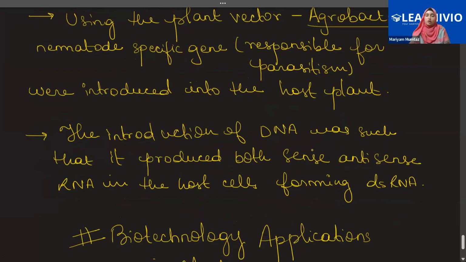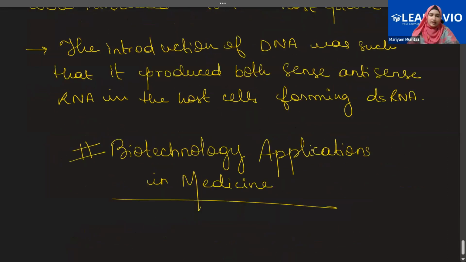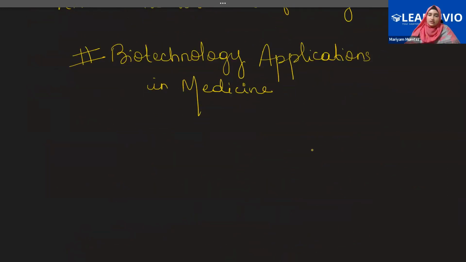Now, when we talk about the biotechnological application in medicine, it has such a vast positive effect. Okay, it has been great in the field of healthcare. So we are going to see how that actually happens.